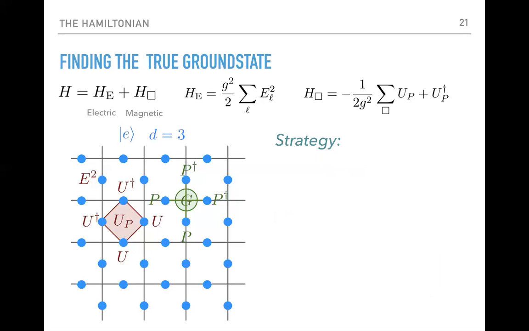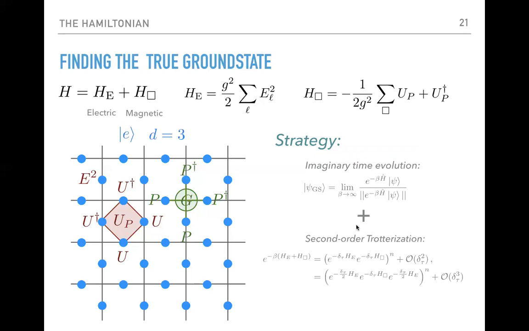So now we have to find the ground state, and the strategy would be to use an imaginary time evolution, which is very similar to what people do in lattice QCD, which is basically apply e to the minus beta H to some random state, and in the limit of beta to infinity, we recover the ground state.